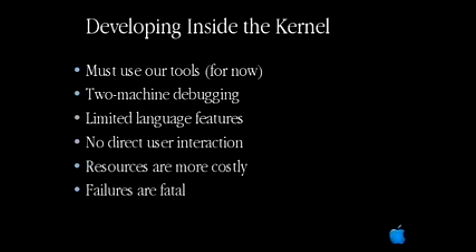Resources within the kernel are highly costly. Certainly, allocating things at interrupt time is a no-no. There are very restricted situations in which you can allocate resources. As a general rule, anything that lives in the kernel needs to be very, very, very conscious about the resources that you use, because generally they tend to be wired resources. You're actually taking real memory away from the rest of the system. And failures in the kernel environment are fatal.